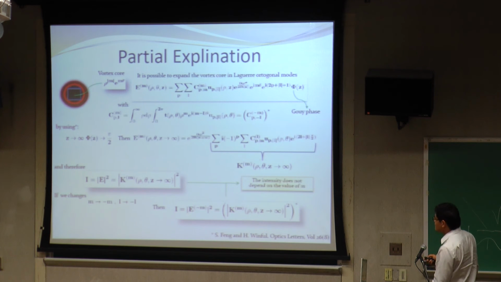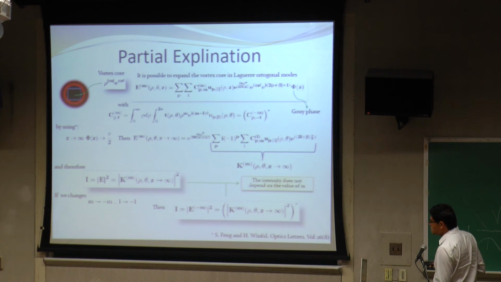A partial explanation of what happened in these results starts by considering the vortex core, and it's possible to expand the vortex core in a Laguerre-Gauss orthogonal mode. The coefficient is this.